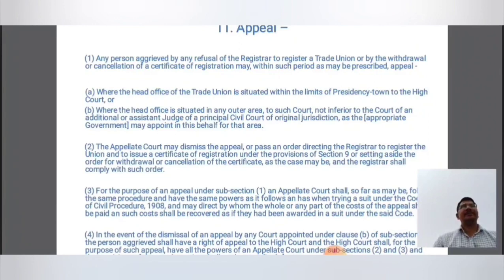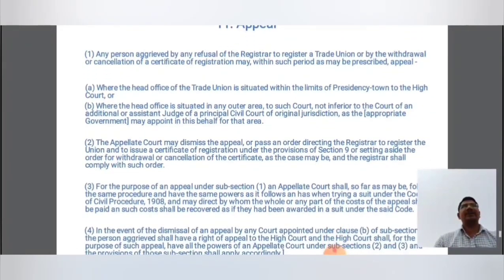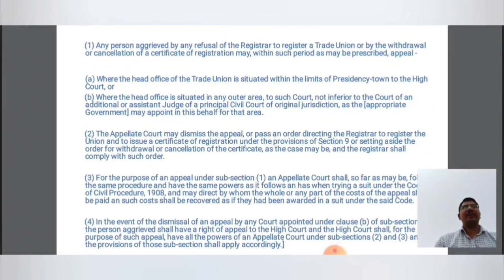Any person aggrieved by any refusal of the registrar to register a trade union, or by withdrawal or cancellation of the certificate of registration, may within such period as may be prescribed appeal for re-registration or for issuing the certificate, where the head office of the trade union is situated within the limits of a presidency town, to the High Court.